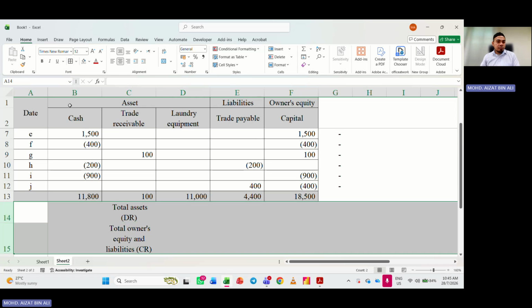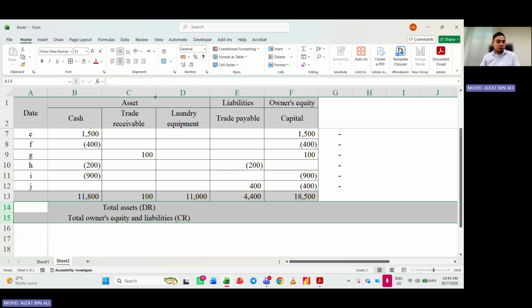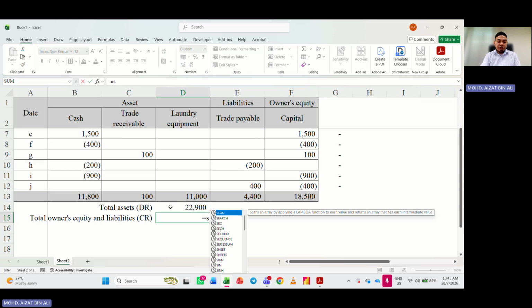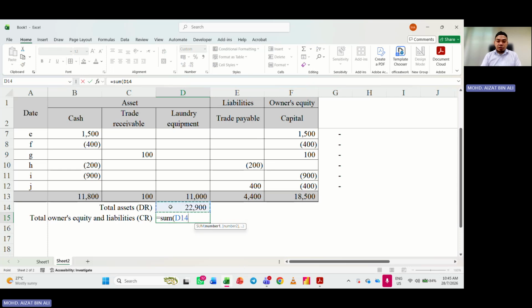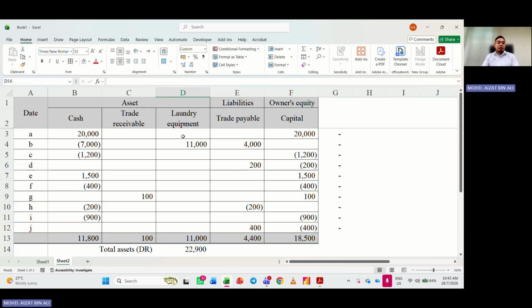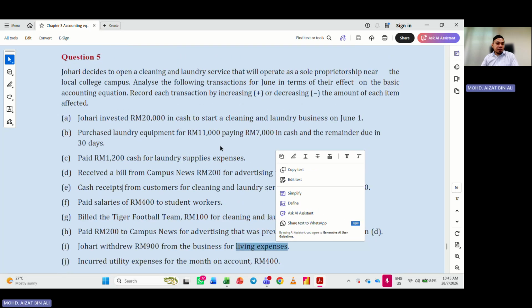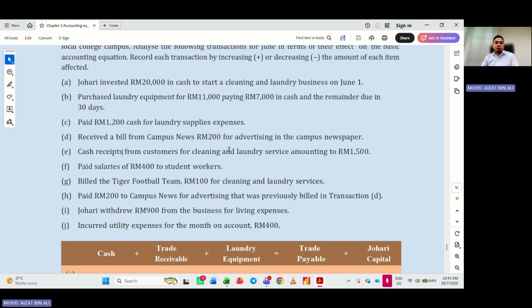Okay, let me get this first. All right, the amount for total assets would be 22,900 ringgit, whereas the amount for the credit side, equity and liabilities, would be the same, 22,900 ringgit. Okay, so this is question number 5, I think. Yep, number 5 in our textbook.